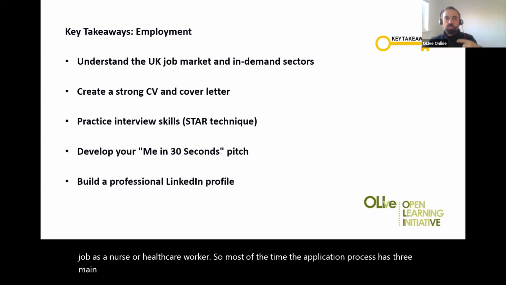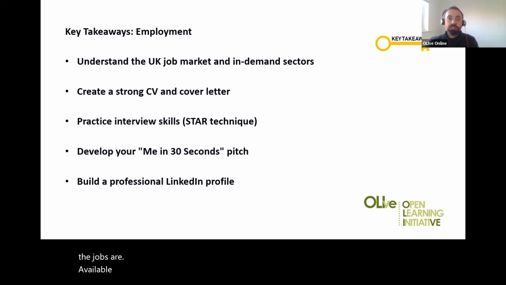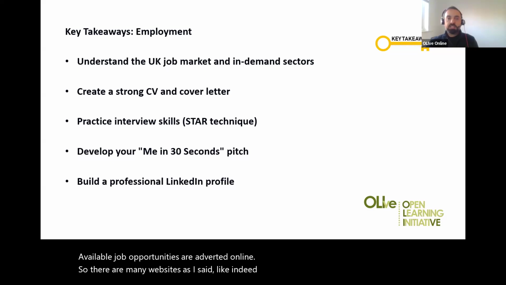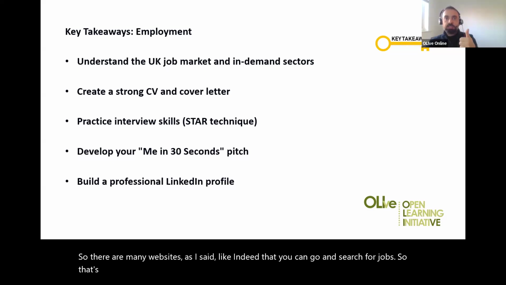The first one, you need to find those job opportunities. And here in the UK, most job opportunities are advertised online. There are many websites, as I said, like Indeed, that you can go and search for jobs. So that's the first stage, finding the job.